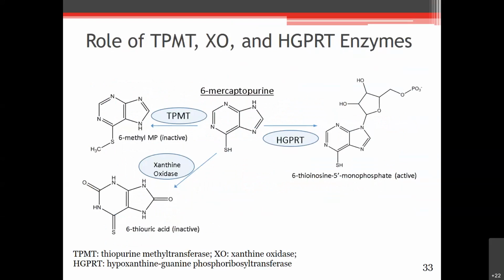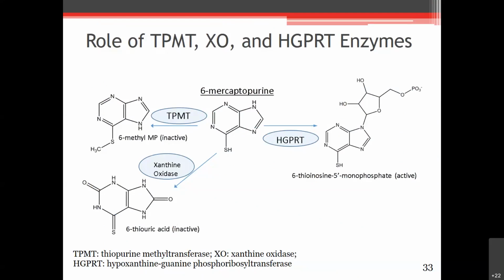This slide just demonstrates where the various enzymes come into play with 6-MP and where we can run into problems. So you can see that HGPRT leads to an active metabolite, which is why a deficiency in this enzyme is a mechanism of resistance for 6-MP. Then on the left side of the slide, we see that TPMT leads to an inactive metabolite.